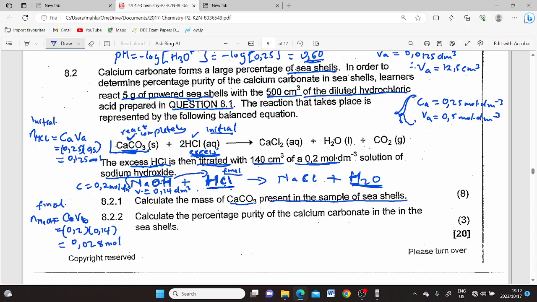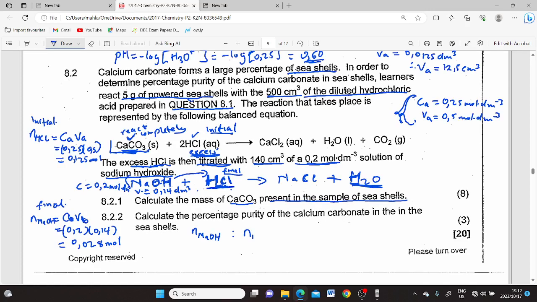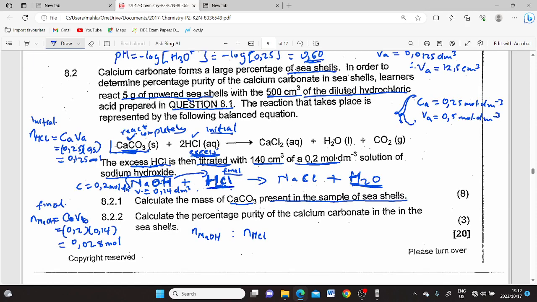This reacted completely with the excess HCl. So what is the ratio? The number of moles of NaOH is to the number of moles of HCl that was in excess, and the ratio is 1:1.